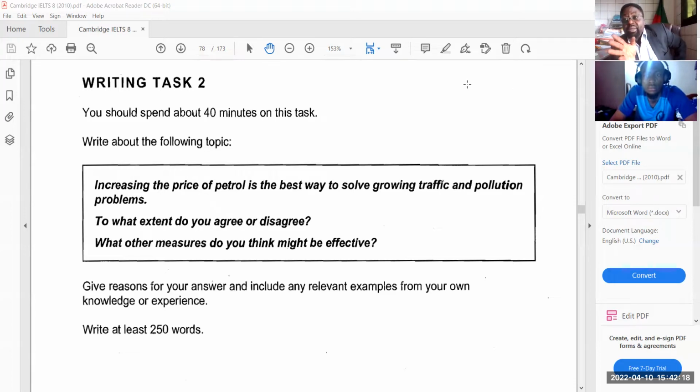For example, instead of increasing fuel prices, they can decide and say, no car day, create a day for no movement. Vehicles should not move within towns. Another measure could be that a vehicle that is more than 10 years old should be scrapped.